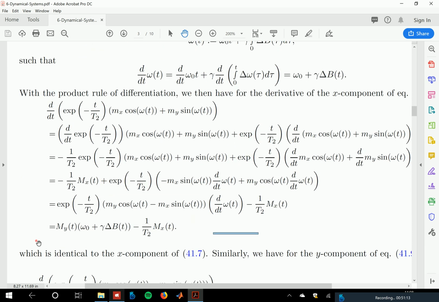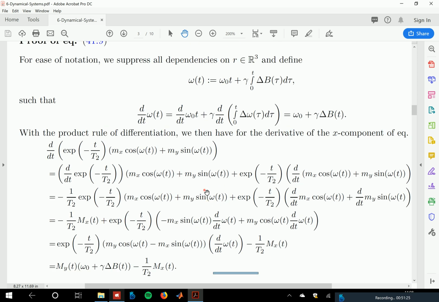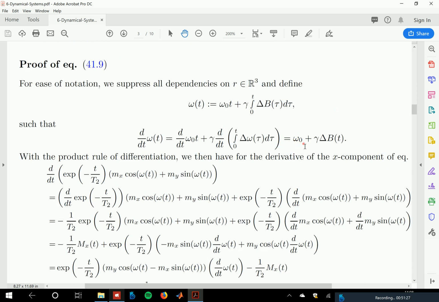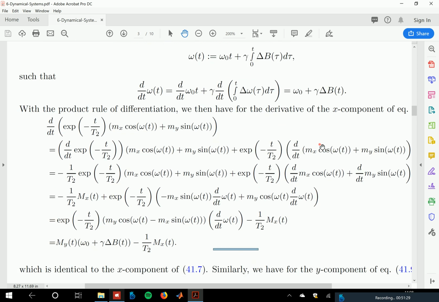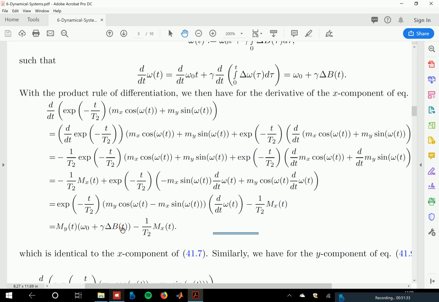So here we recover our myt, and we of course still need to put in our d dt omega t, which we computed here. So that's our omega 0 gamma delta bt, which we can put in here. And then, this is now the crucial part, we see that we have the solution myt, or we have the derivative.